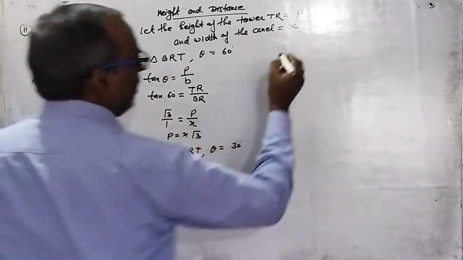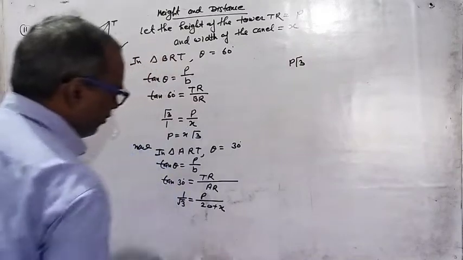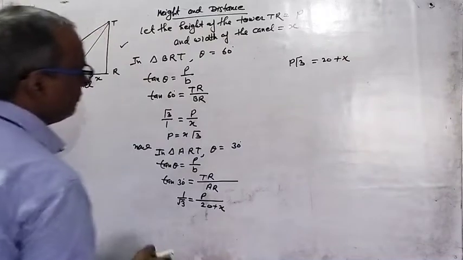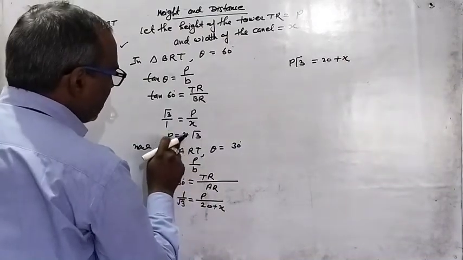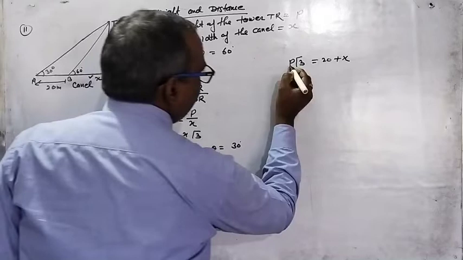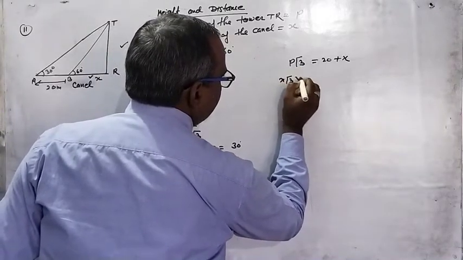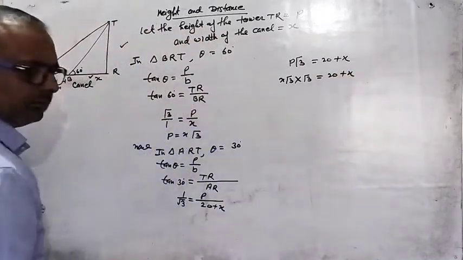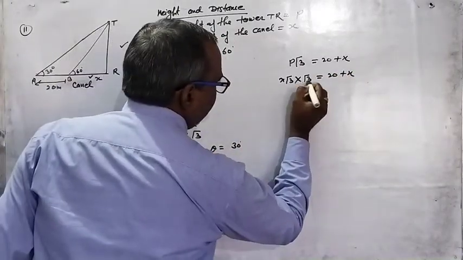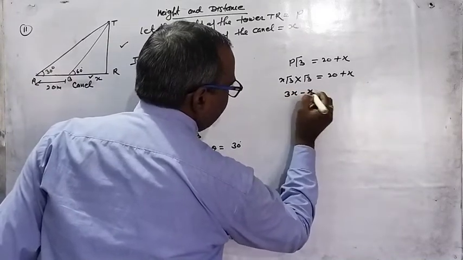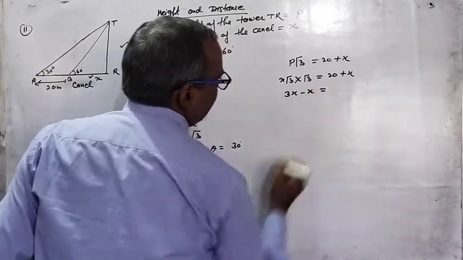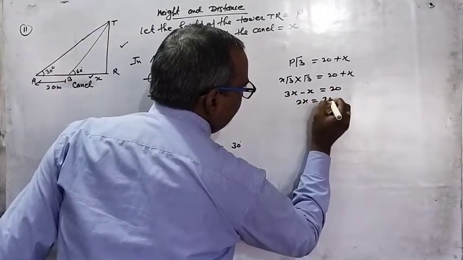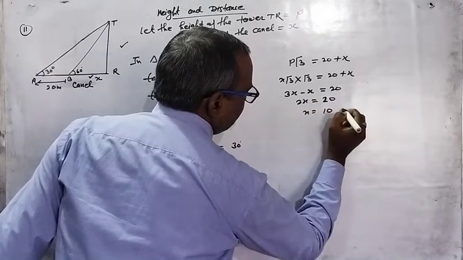So cross multiply, we can write here P root 3 equal to 20 plus X, and here P equal to X root 3, तो P के प्लेस पे X root 3 into root 3 equal to 20 plus X. So root 3 into root 3 is 3, 3X minus X on the left side equal to 20, so it is 2X equal to 20, so X equal to 10.